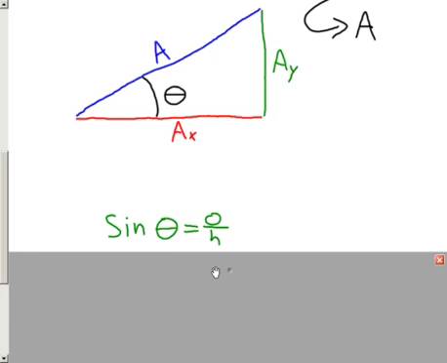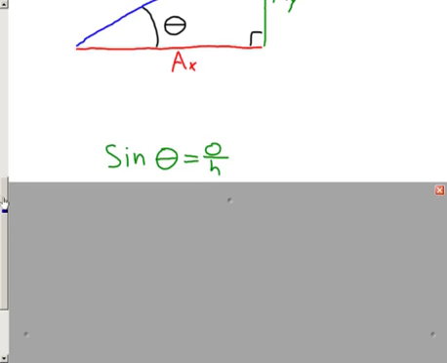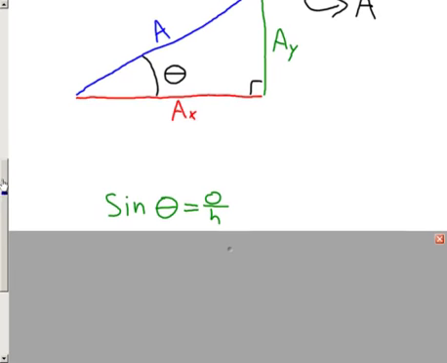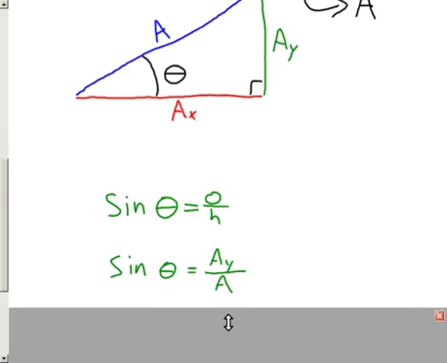Okay? Forgot to put our little right angle on here. So, the opposite side is, whoops, let me bring my triangle back so you can see it. The opposite side is A sub y, and the hypotenuse is A.